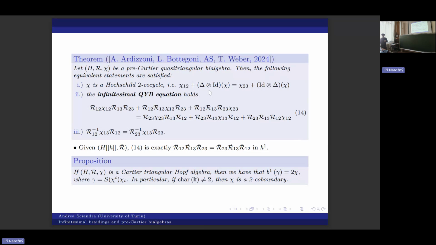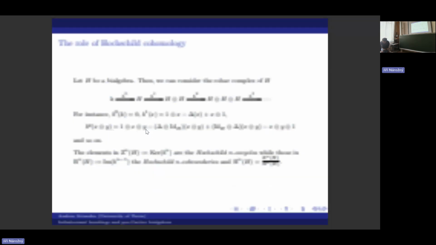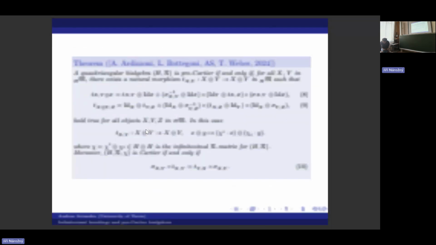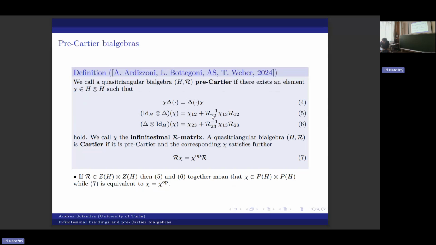And this is also equivalent to asking that the so-called infinitesimal quantum Yang-Baxter equation holds. Now we can say something more about this. Also these two are equal, but these two are exactly, coming back to the definition, these two in the axiom. So these two are always the same. You can see that the second part in 5 and the second part in 6 are always equal.